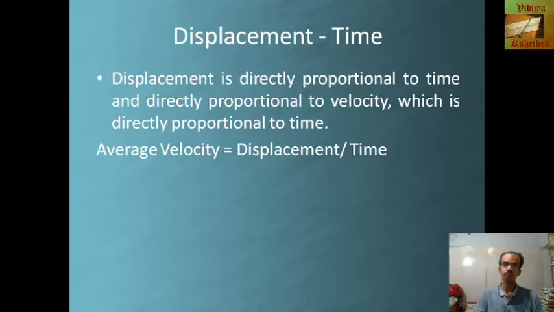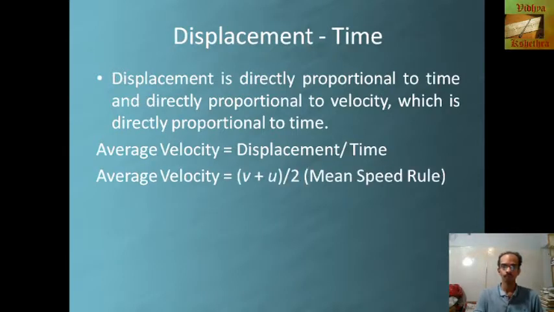Now the formula for average velocity is equal to displacement by time. According to the mean speed rule, average velocity is equal to the sum of initial velocity and final velocity, the whole divided by 2. That is, by substituting, we get v plus u by 2 is equal to s by t, where s is the displacement.